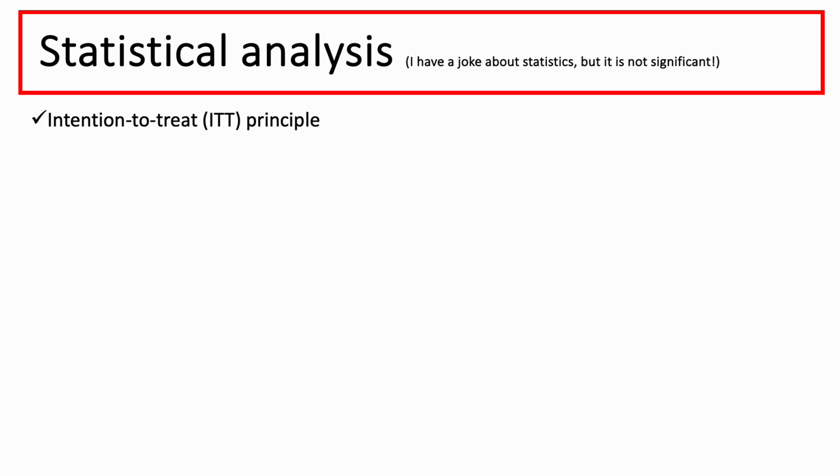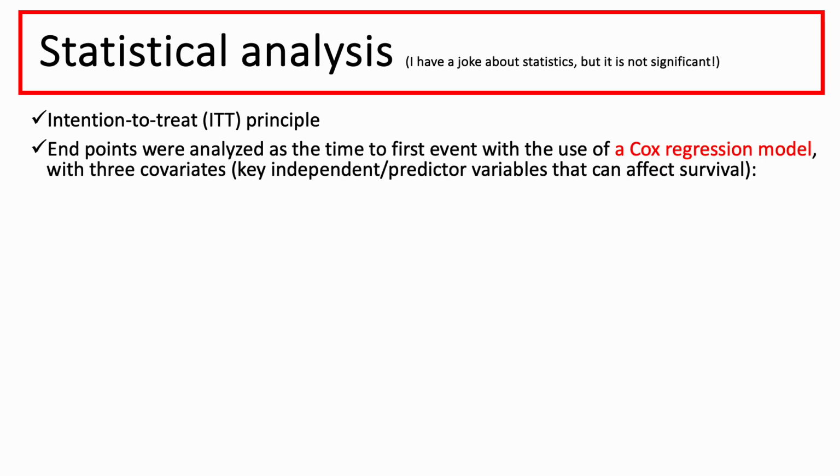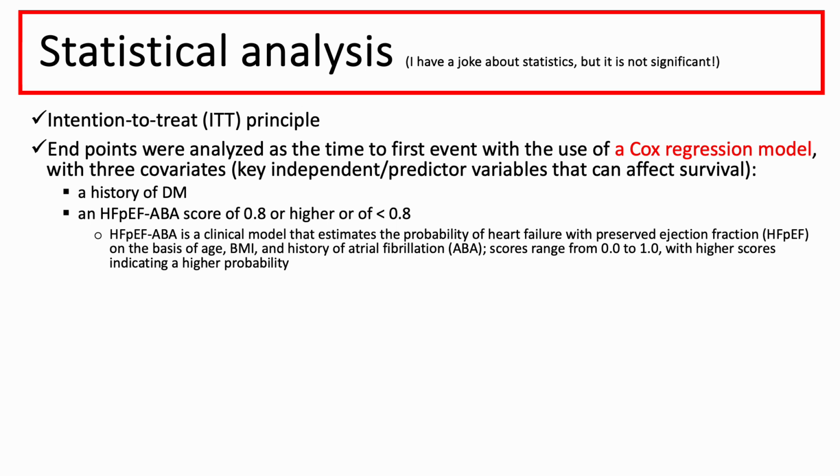For example, in this paper we talked about the intention to treat versus the per protocol principle in analyzing the result, and what's the difference between the two. And then we talked quickly about the Cox regression model in a very simple way, like I'm going to show you later.